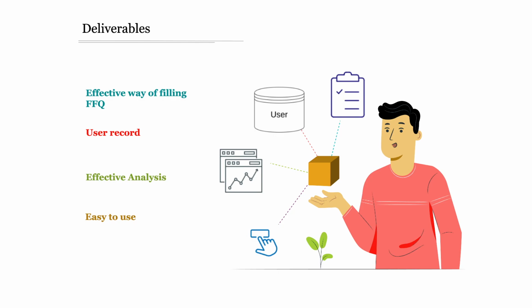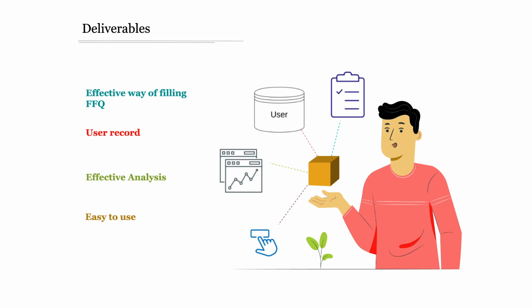So here are the deliverables that we targeted to complete for our project. First is the way in which we can take the responses for our FFQ. Second was designing and implementation of a fully managed database where we can store our nutritionist as well as our users' data.